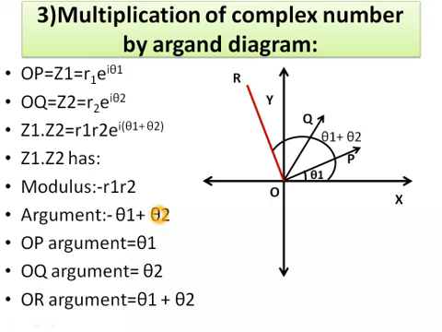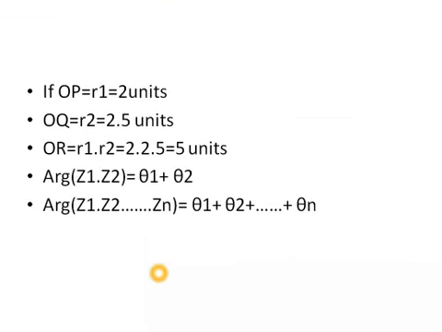If OP has an argument theta 1 with respect to the positive x-axis, and OQ has argument theta 2, then their product will have argument equal to theta 1 plus theta 2. So simply, in multiplication, phases get added and moduli get multiplied.